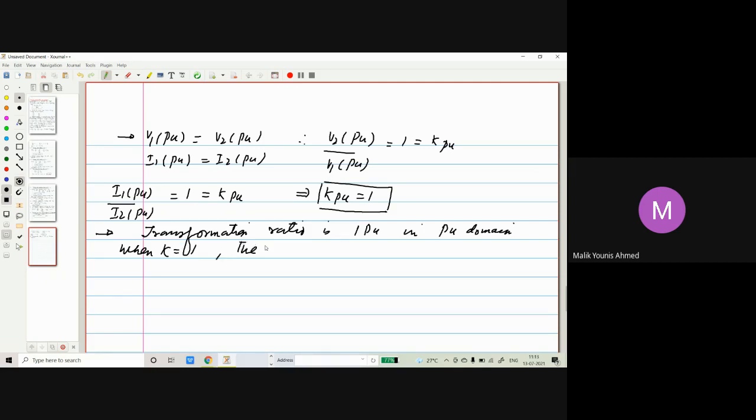The transformer is called isolated transformer. We name this as isolated transformer. Very important. Ideal transformer, when the ratio is 1, then we call it isolated transformer also. Isolated transformer.